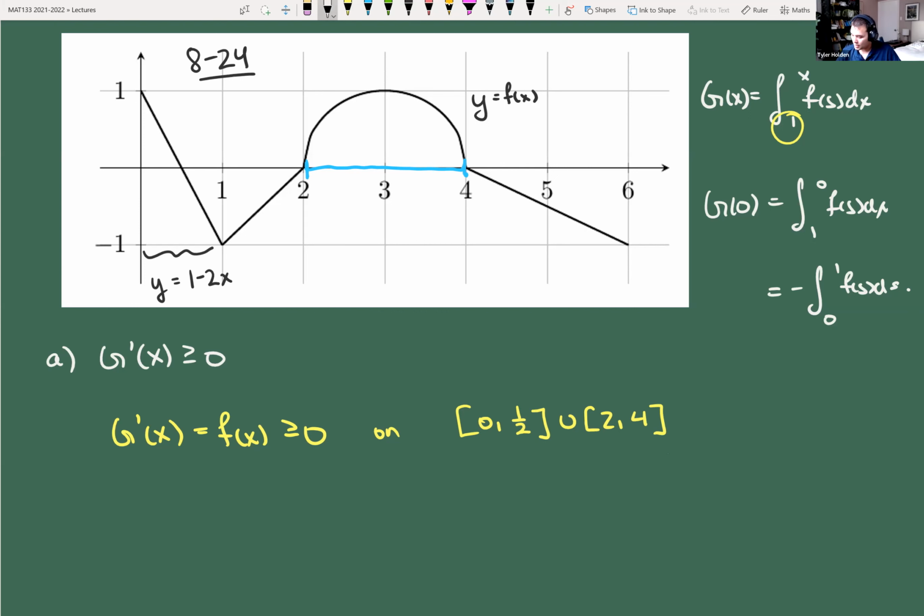Okay, so B is find the inflection points, right? Well, because you actually know what the function is then, you can literally compute it, like g of x on 0 to 1 is that function, and you can just explicitly compute that because you know how to find an antiderivative of 1 minus 2x.